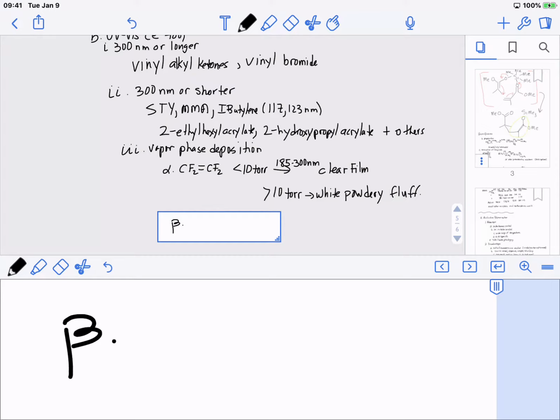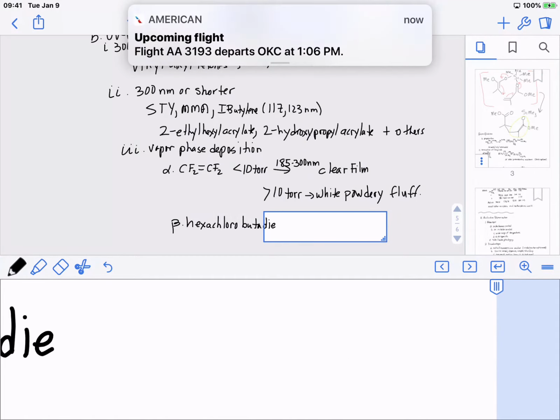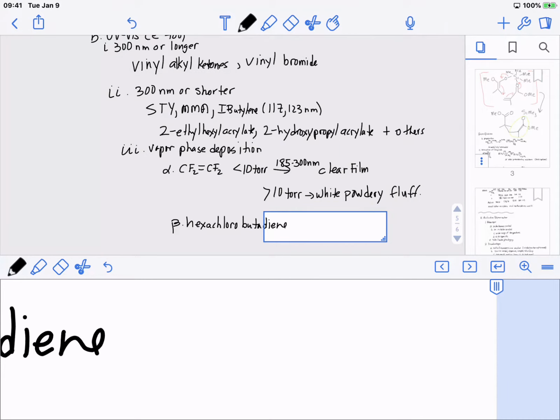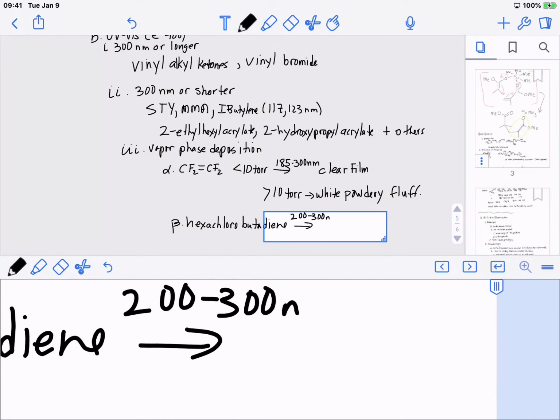You can do hexachlorobutadiene. With hexachlorobutadiene, 200 to 300 nanometers, you get thin films.